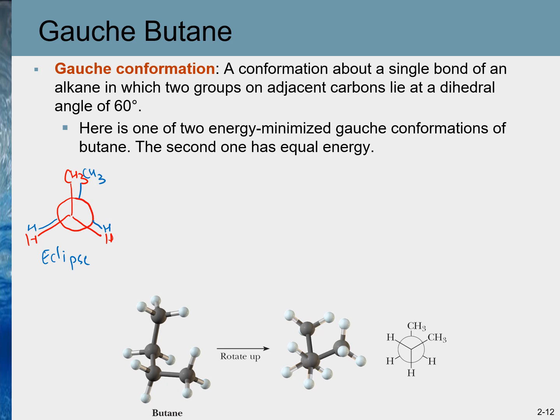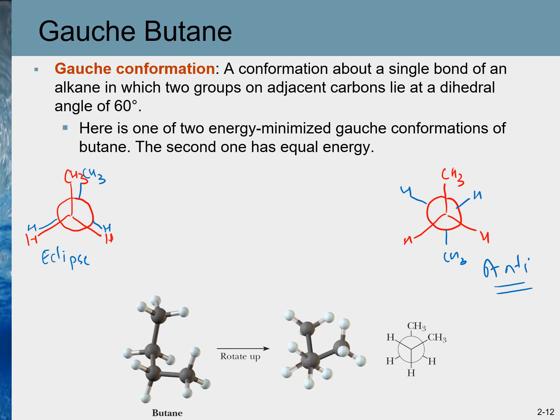If we rotate 180 degrees, we get the extreme end of the conformation, and we call that conformation anti. So in anti conformation, the methyl groups are 180 degrees apart. The dihedral angle between the two methyl groups is 180 degrees.